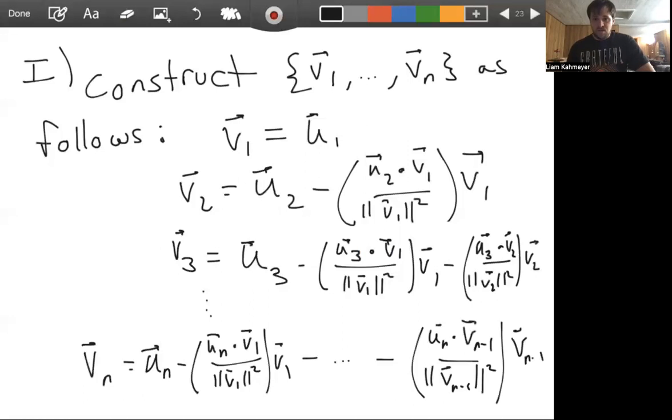So this seems pretty messy, but it's not that bad, I promise. You're just subtracting projection vectors here. And when you write out the formula for projection vectors explicitly, it looks a little messy and a little scary.